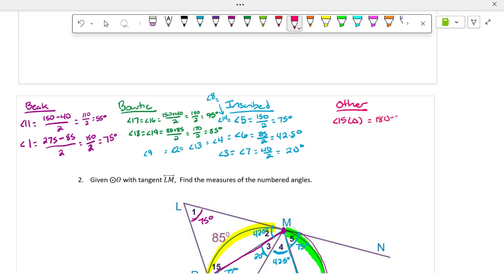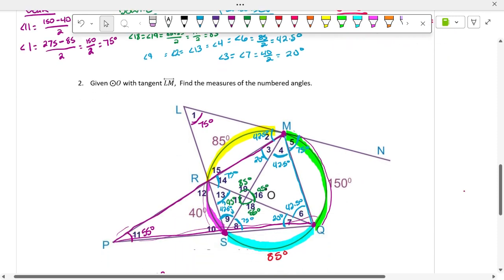So I'm going to do 180 minus 75 minus 42.5, which would give me what? It's what? 42.5. Good. 62.5. That's what 15 is. So this is 62.5.